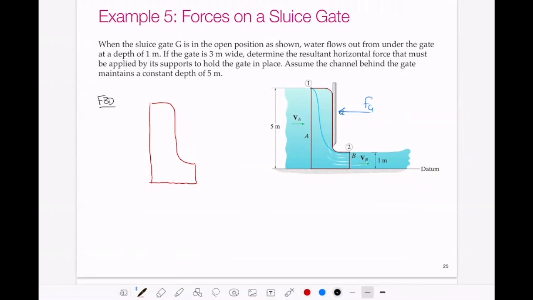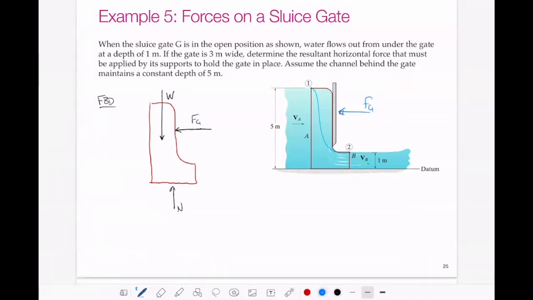We have the weight of our fluid acting downwards. We have the force of the sluice gate acting on the fluid. We have our normal force from the ground supporting that weight of the fluid.